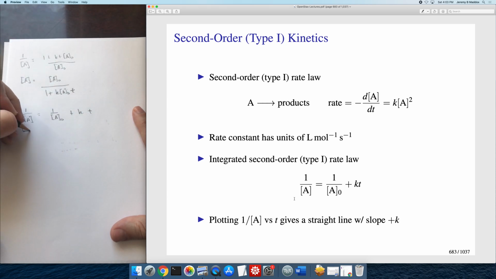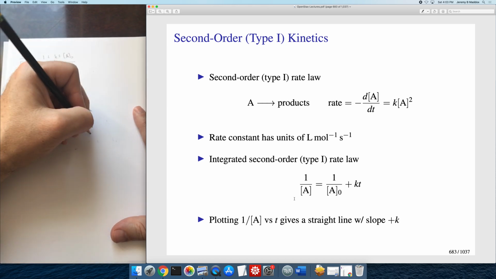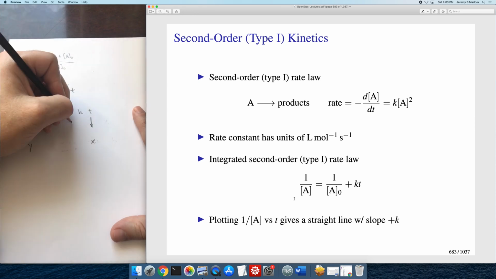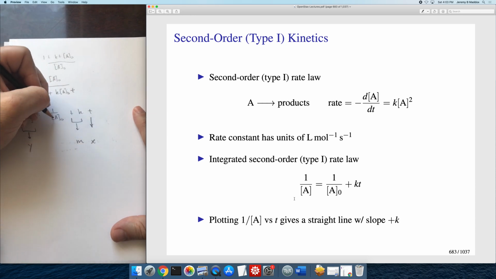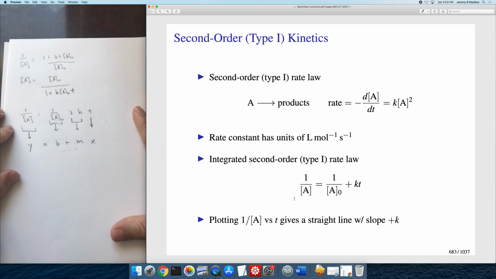If we plot 1 over A along the y-axis, and let t be our x, then plus k can be our slope, and 1 over A0, the initial concentration, can be our intercept. We have the equation for a straight line.